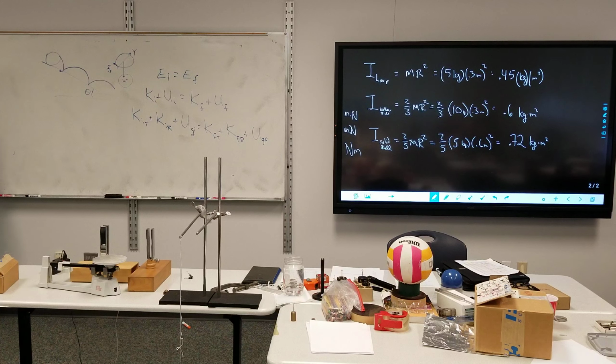So that's 7/10 v final squared. And so my final speed is equal to the square root of 10/7 gh initial. All right.